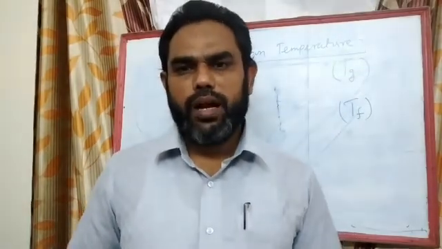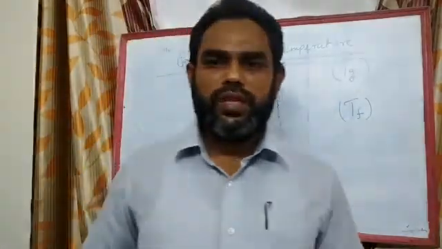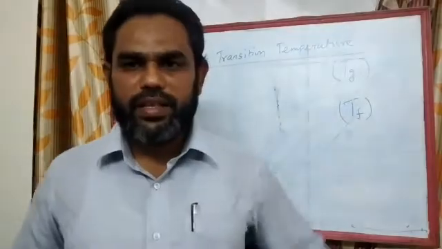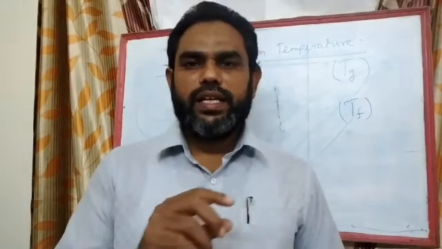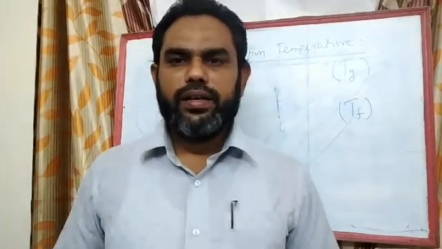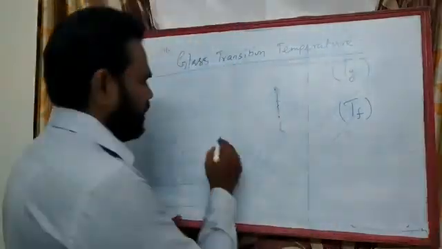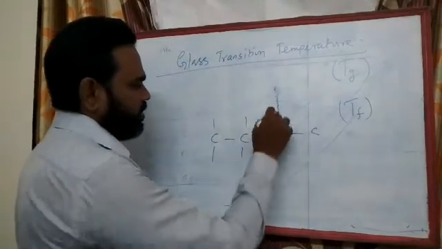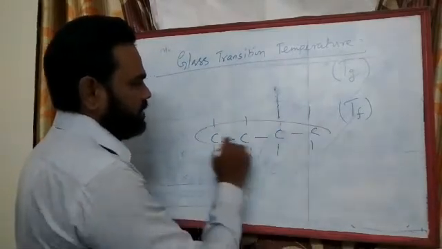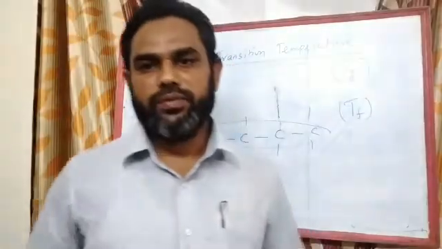Polymeric backbone. I have explained what is meant by polymeric backbone. Just like a person who stands by his backbone, it gives him the strength to stand. Polymer chains have a sequence of atoms at the backbone. Like, if I take ethylene, this carbon is the backbone of ethylene.